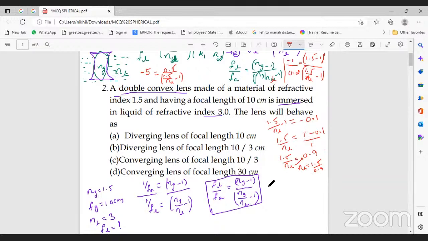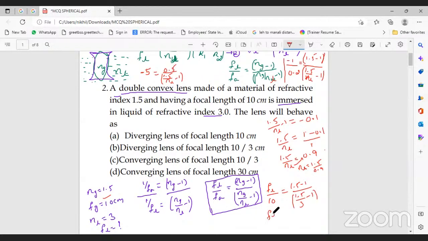What is focal length in liquid, FL? What is focal length in air they have given? 10. Ng value they have given as 1.5, minus 1, by 1.5. Liquid value is 3, minus 1.